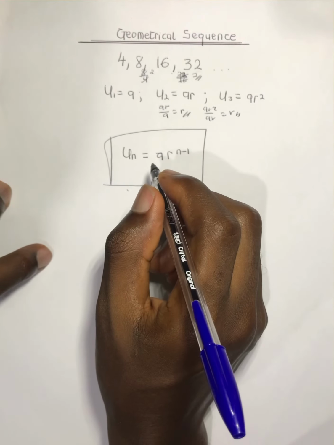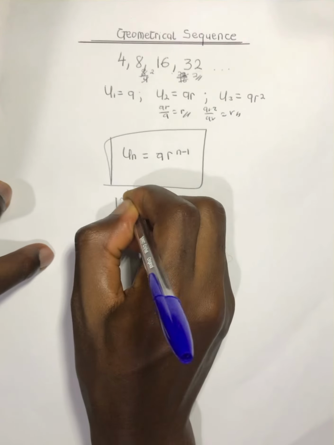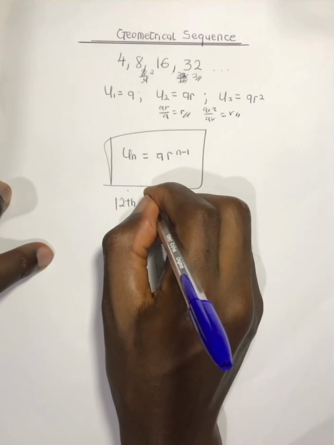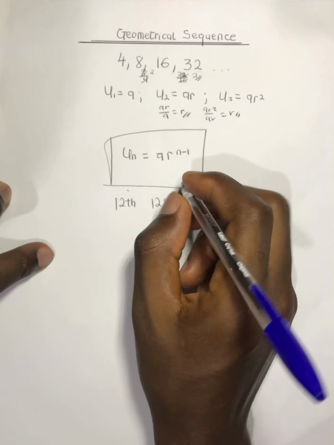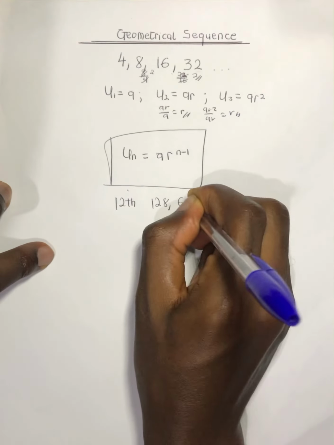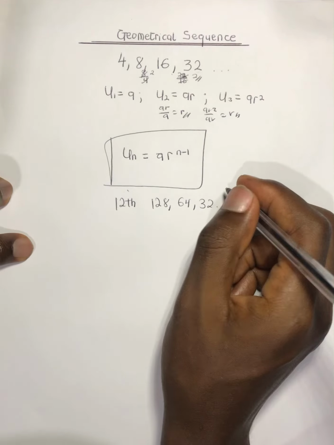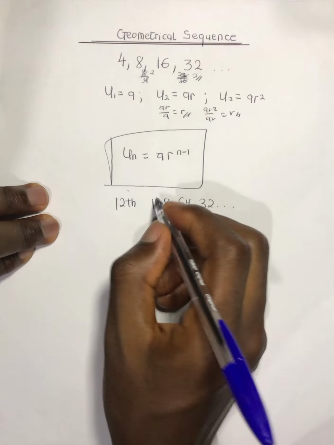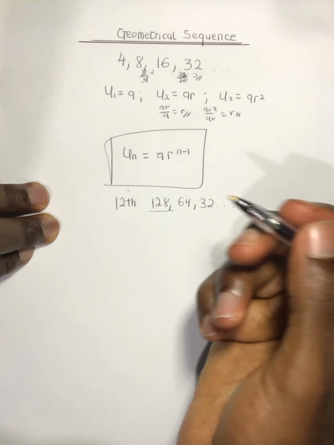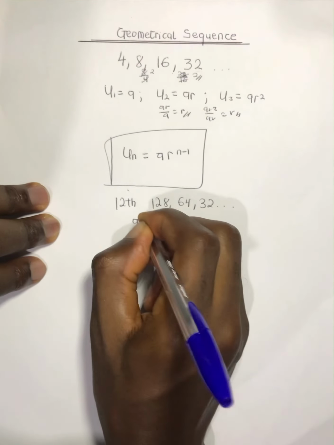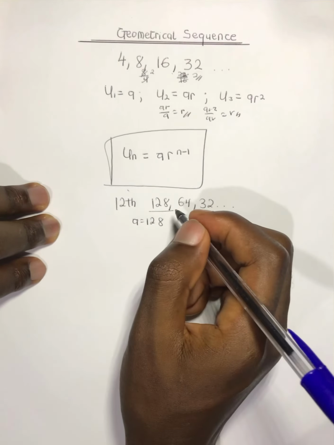Now, let's take an example. Find the 12th term of the GP 128, 64, and 32. This goes on and on and on. It's so simple to get our first term since our first term is always first. So we have A to be 128.